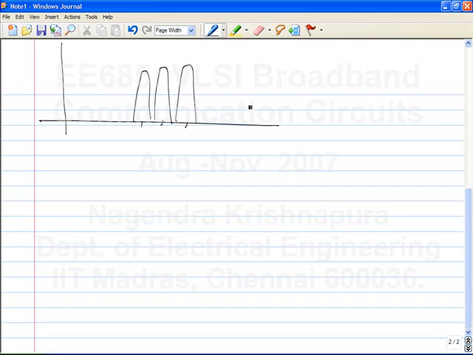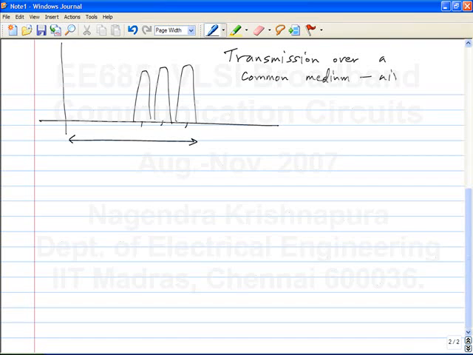So these things necessarily will be narrowband. You have a certain usable range of frequencies and you divide it further into channels. This is typically the case for transmission over a common medium like air.